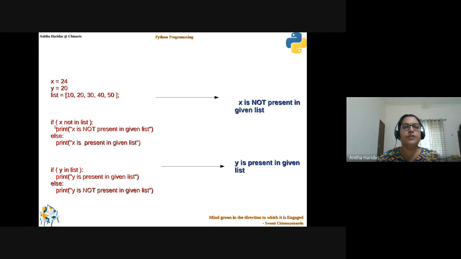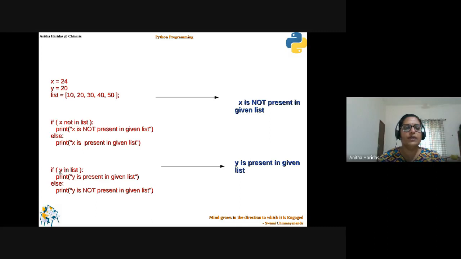Then I'm going to check whether x not in list. What is the value of x? 24 is the value of x. 24 is not available in this particular object. So obviously x is not in list. So this condition is true. So it will display x is not in the given list. Whereas I'm going to use the in operator.